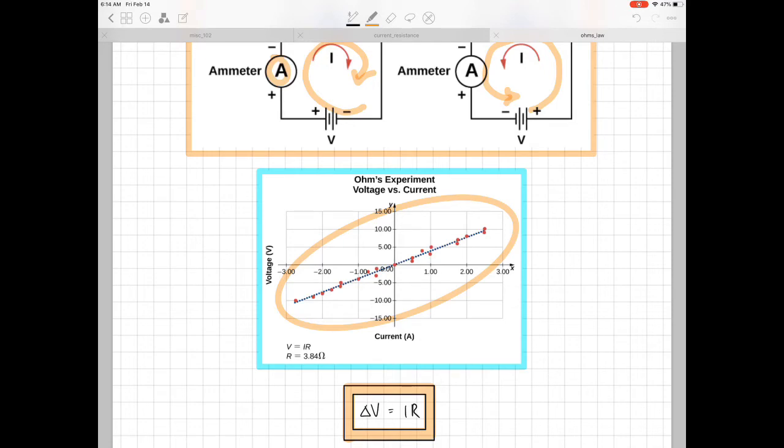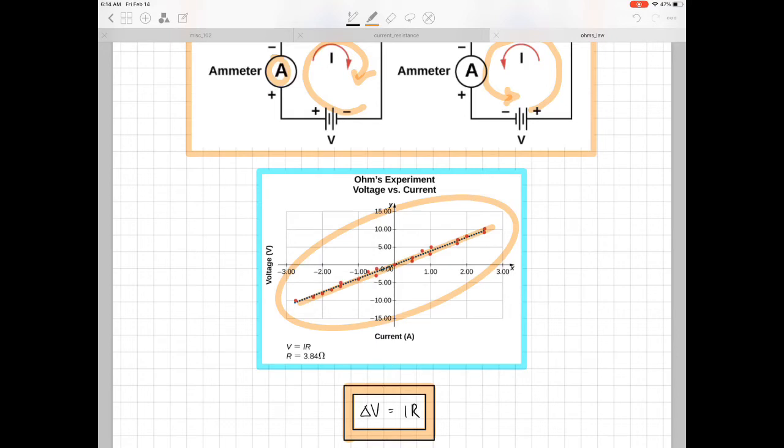But either way, when you plot out the data, you end up getting this very nice linear relationship between the current that's flowing in the circuit and the voltage difference across the resistor or across the power supply.